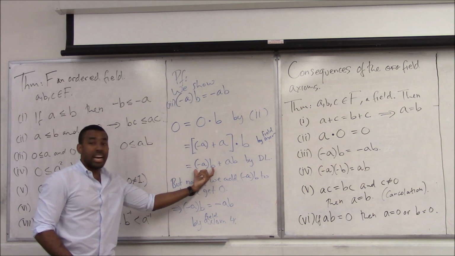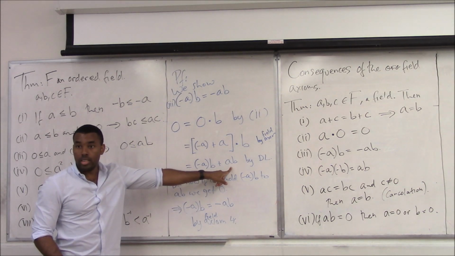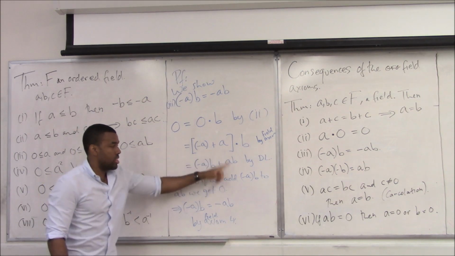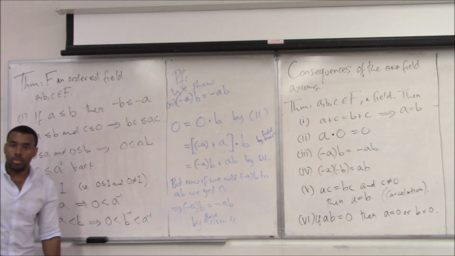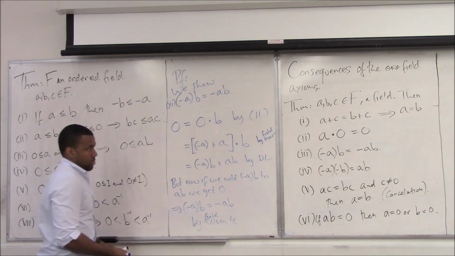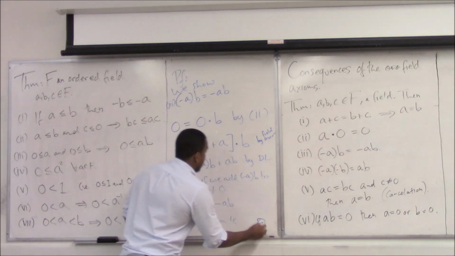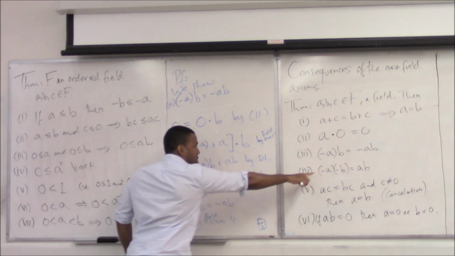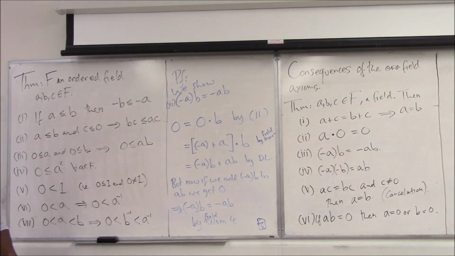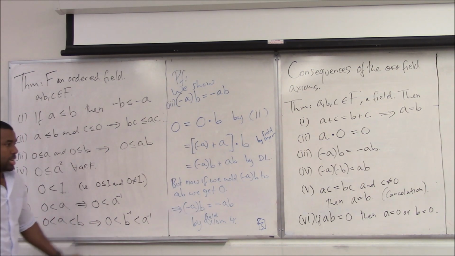It must mean this is the negative of that, by the existence of a negative, which means I can write this as just minus this. So that's one example. So after proving this, the next one should be easier. Just replace things with minus b instead, and you get the fact that a negative times a negative is a positive.